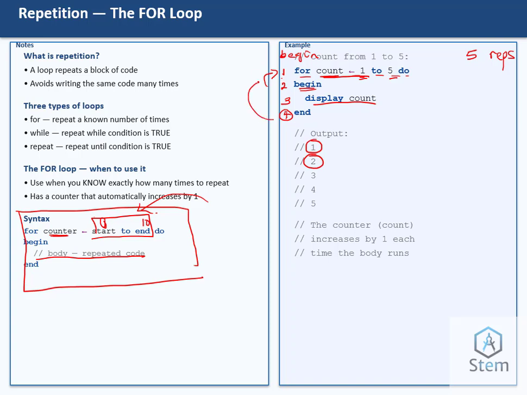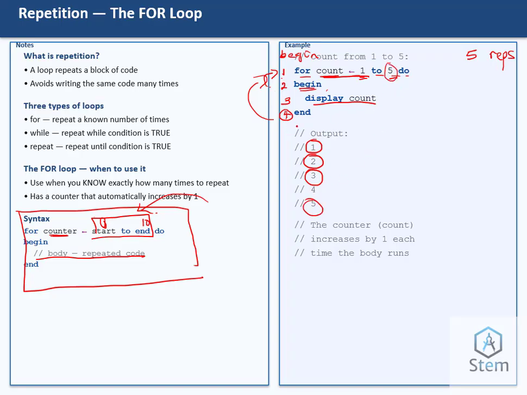We go to line number 1 again. Count moves from 2 to 3. Automatically, you don't have to program it. It knows how to do it. So count is now 3. Line number 2, line number 3, we display the new value of count, which is 3. And that keeps on happening until count gets to 5, we display 5.